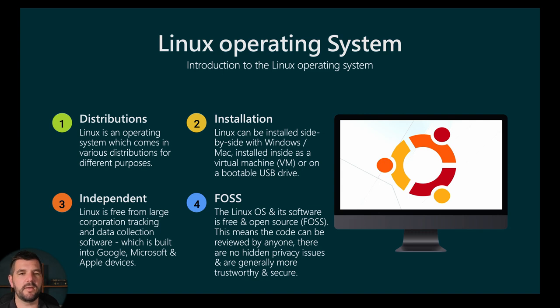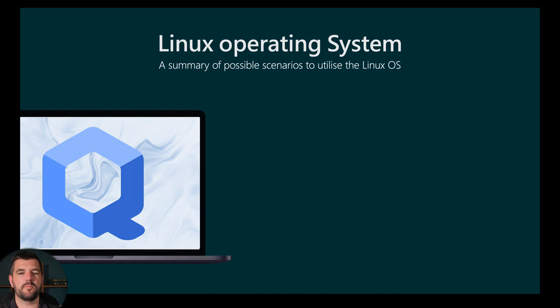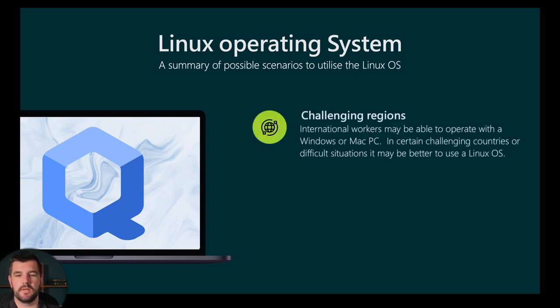And it means that many people can look at it and say, oh, maybe this is better for security, or let's change this. And so you get this community involvement, which can make for a very private and a very secure operating system.